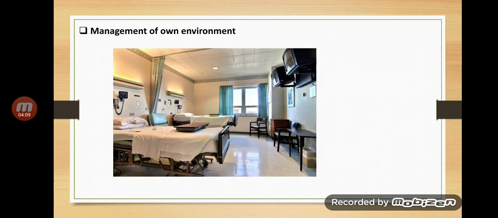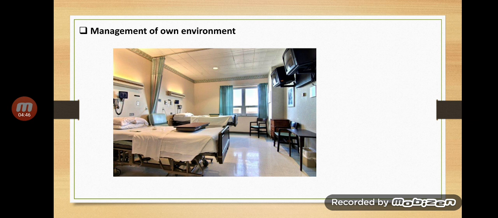Okay, and then management of own environment. Management of own environment means whether they can keep their things in proper place or not, whether they can fold their clothes or not, or keep their environment neat and clean or not. So all those abilities, whether they can manage their own environment or not, for example when they feel hot, whether they put their fan on by themselves or not.